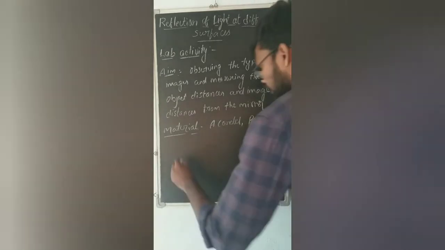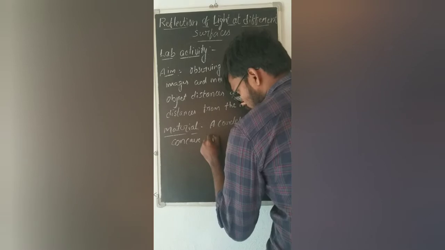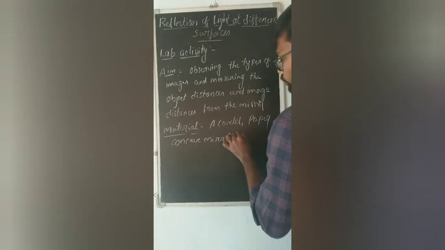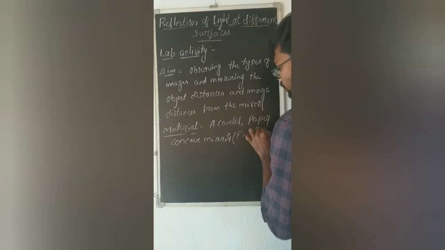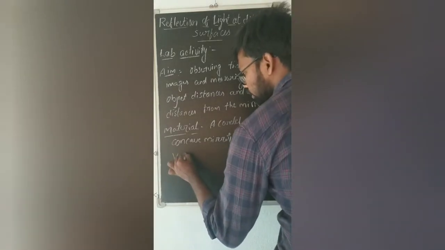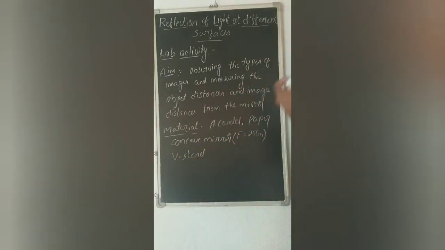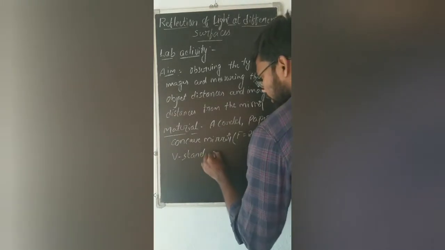Okay, next concave mirror with focal length we have to know. If f equal to focal length, f equal to 25 centimeters something. Okay, V stand is used to support the convex mirror. Okay, concave mirror, not convex, it is concave mirror. Next, scale.